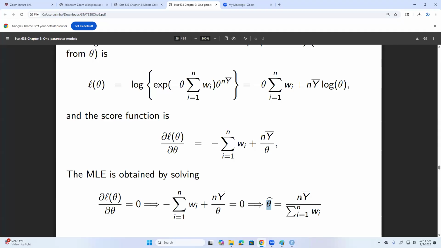The next step is to check whether the second derivative is negative at this solution. I omitted those steps, but they are there. You evaluate the second derivative of the log likelihood at theta hat and check whether it is negative. And that is your complete solution.